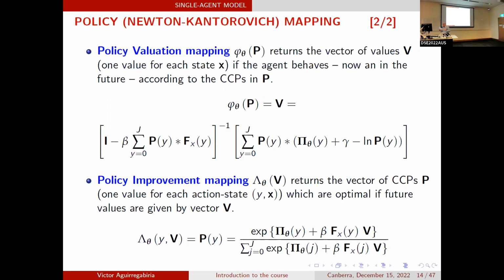This is a thin intuitive interpretation of what is the policy improvement, the policy iteration or Newton-Kantorovich mapping, okay? Of course, in the equilibrium of this game, that is just the solution of the dynamic programming problem, myself in the future should behave exactly the same as myself today. That is, the vector of choice probabilities that are my best responses today should be the same as the choice probabilities of myself in the future, okay?